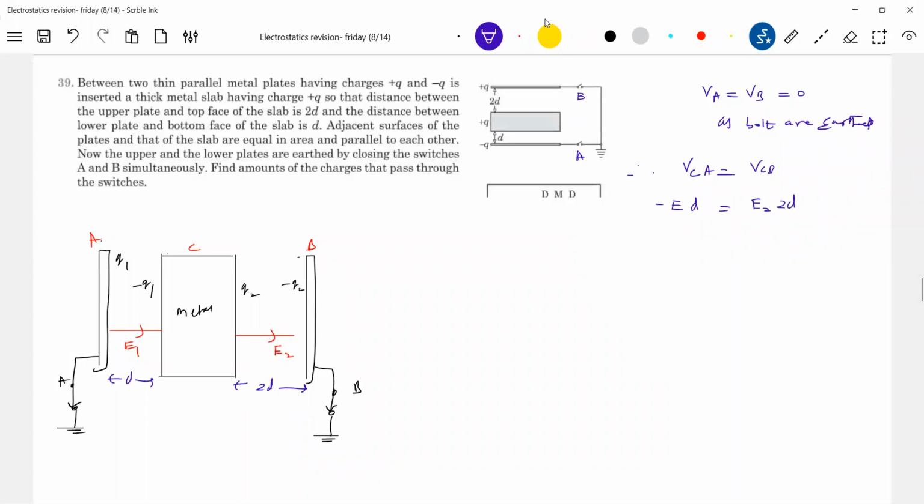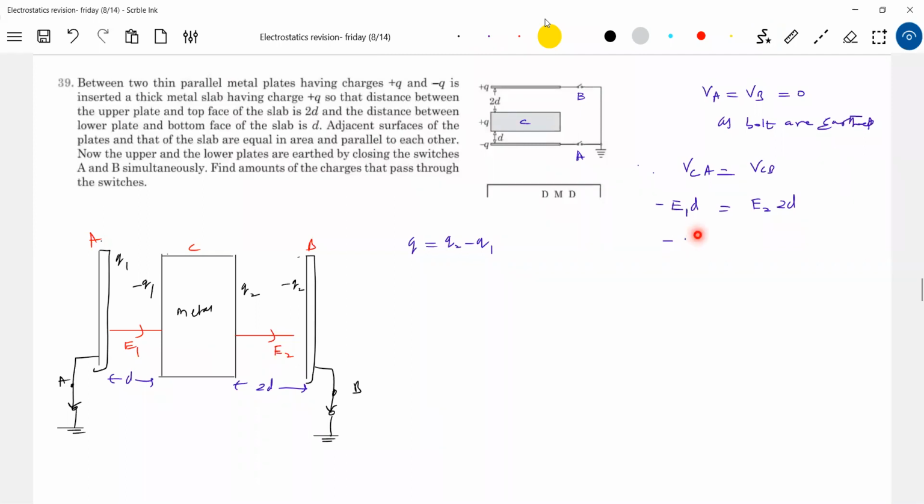Then conservation of charge. What was the charge given to the plate C? Q charge is given, so it should remain as it is. So this Q should be equal to Q2 minus Q1. What is E1? Why the negative sign? The electrostatic field is from A to C, and we are writing the potential difference VCA, so negative should come here.